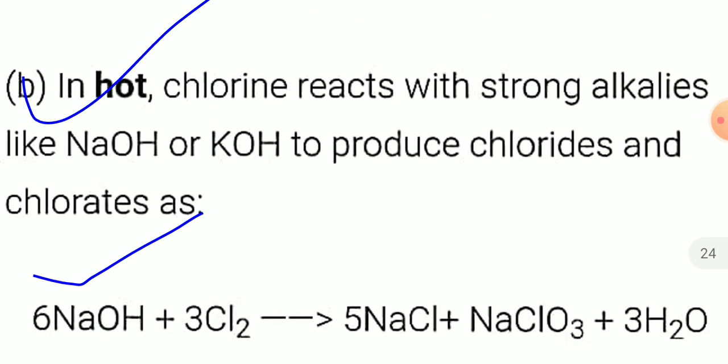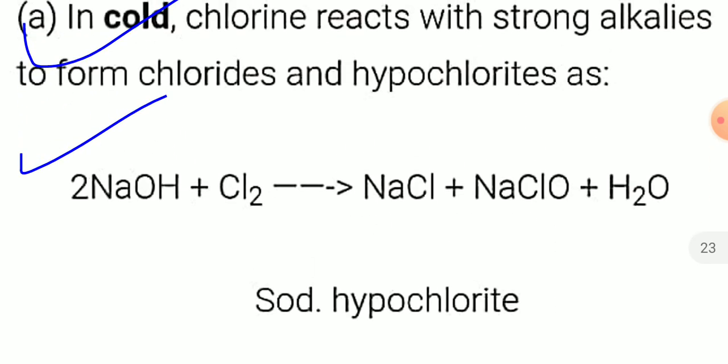But in hot condition, chlorine reacts with strong alkali like NaOH or KOH and produces chloride and chlorates. So when chlorine reacts in cold condition, the products are sodium chloride and sodium hypochlorite.